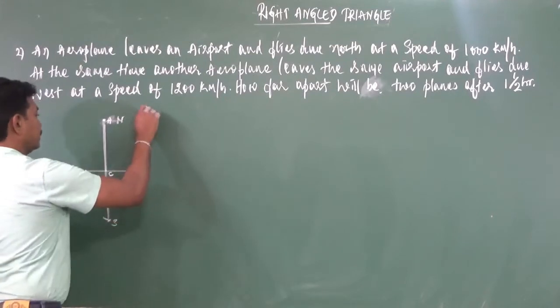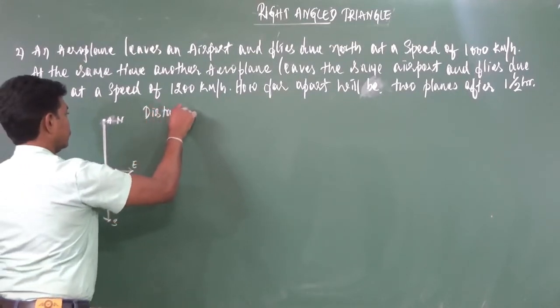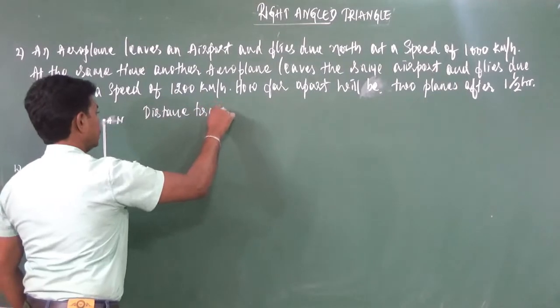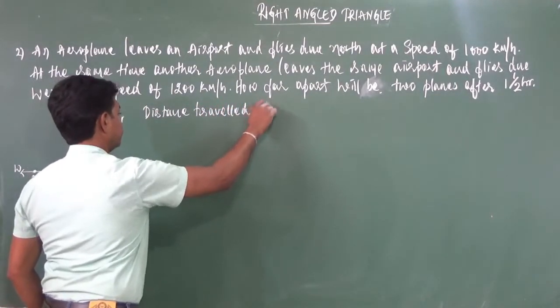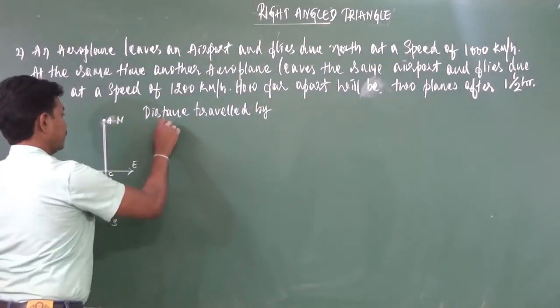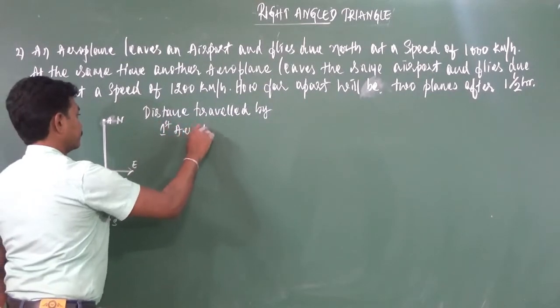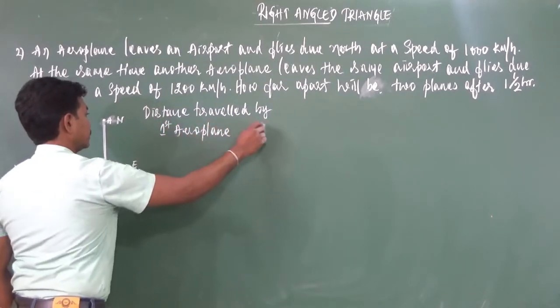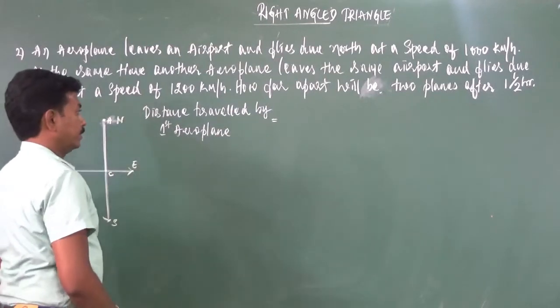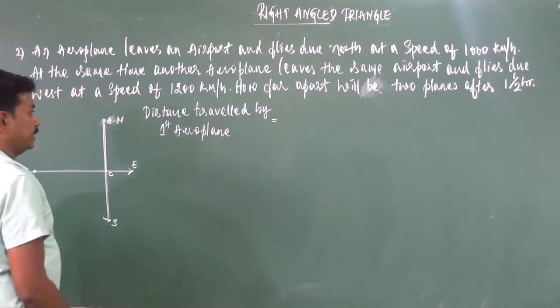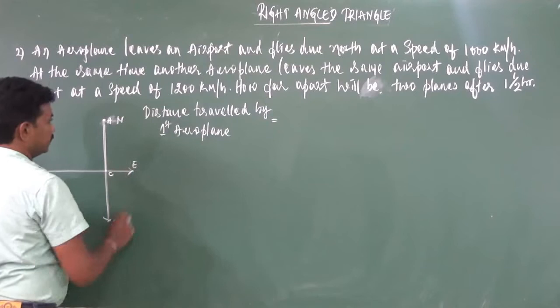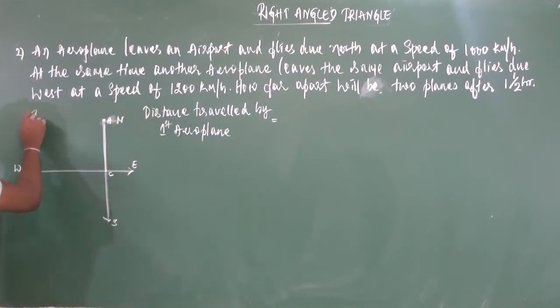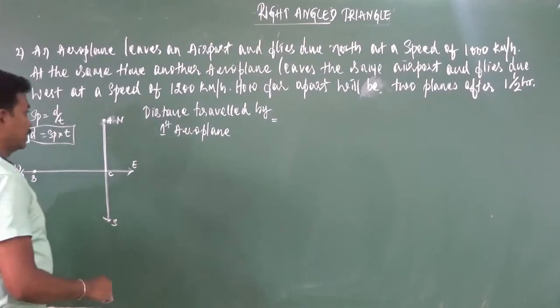So distance traveled by the first aeroplane: speed is equal to distance by time, so distance is equal to speed into time. This is the formula. Let us calculate the distance.